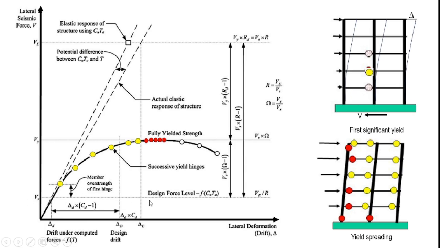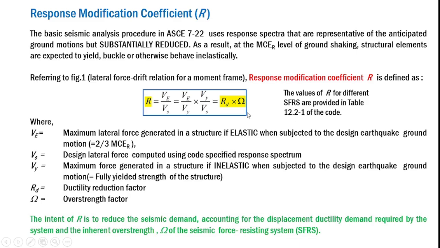Vs is the design force level for which we designed the structure to remain elastic, and we find that the structure fortunately has a fully yielded strength, or full resistance Vy, which is much higher than the design specified force level. This is simply because of the overstrength of the various components present in the lateral force resisting system, and accordingly we call this Vy by Vs, represented through a term omega, where omega is known as the overstrength factor.